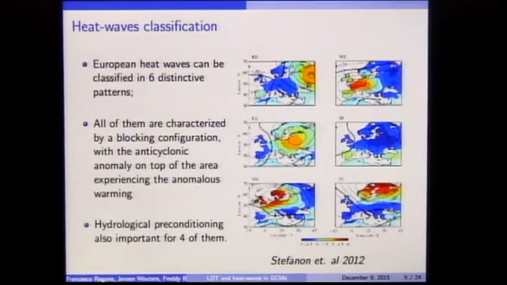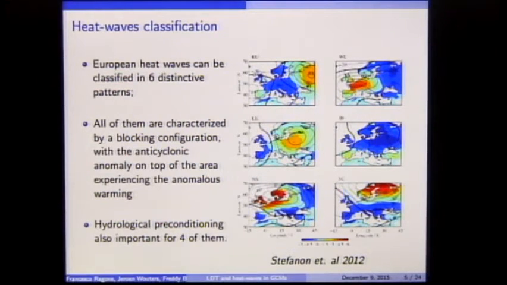Okay. To go a bit more into details, people have classified heat waves taken from observational data sets, and they have seen that over Europe you can basically classify 6 patterns. They call them the Russian pattern, Western European, Eastern European, Iberic patterns, the North and something, and this Scandinavian cluster, in which they are quite well separated.